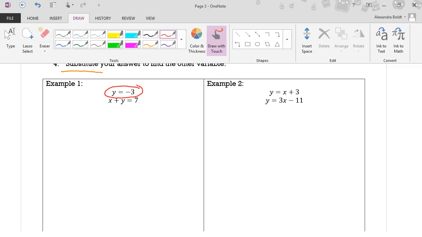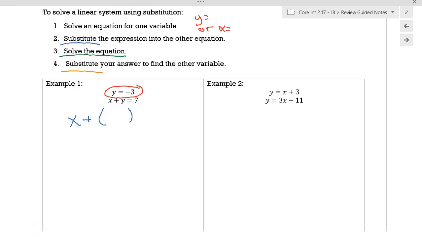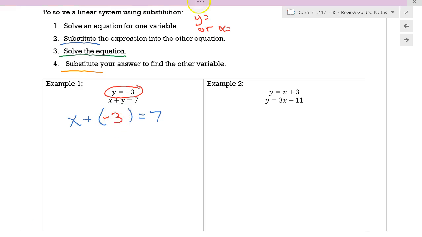So this is a y equals. I look at my other equation. I'm going to skip the y, and I'm just going to put parentheses instead. And inside those parentheses, I'm going to put what y is equal to. I know y is -3.